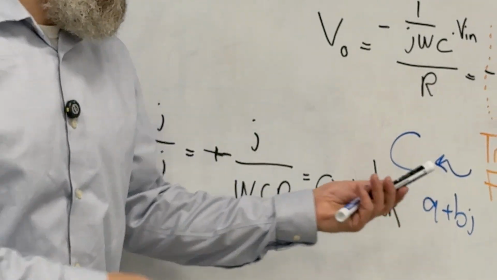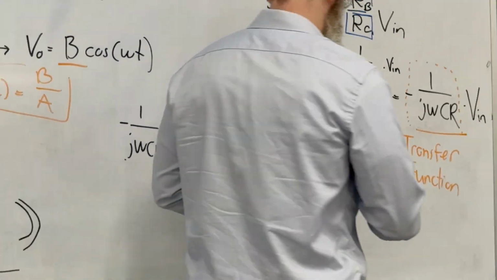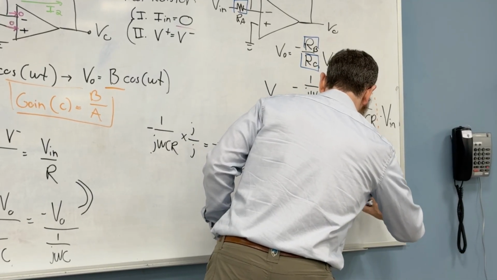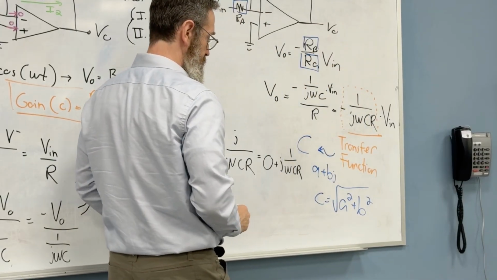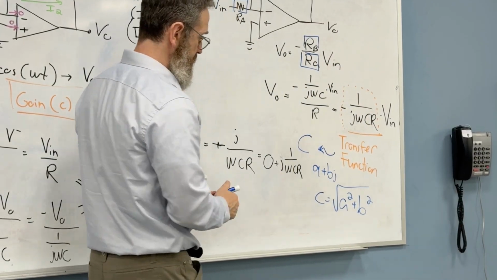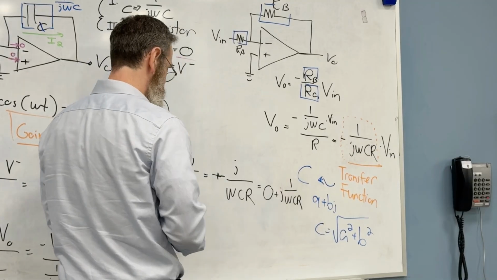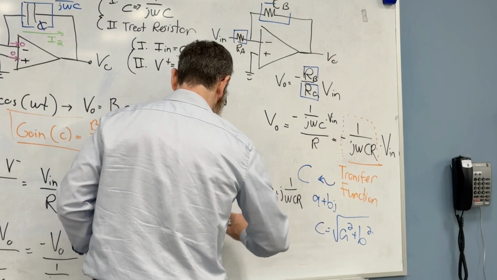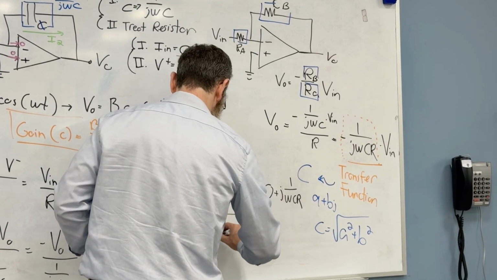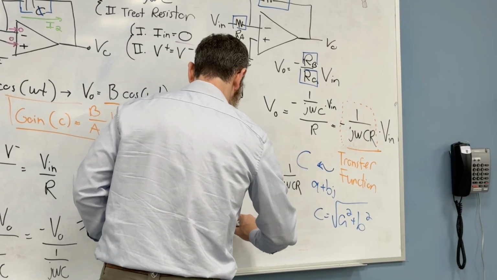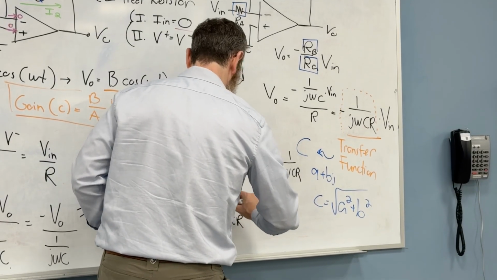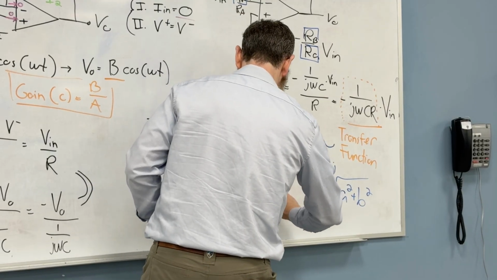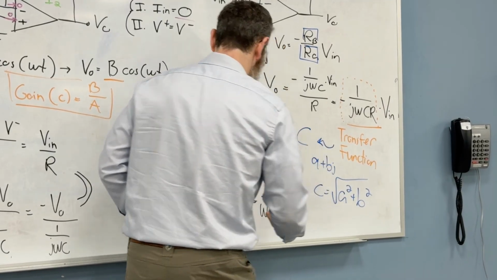And to convert this to get to C, we have to use this equation here, but we're just going to get the same thing back because C now is going to equal the square root of 0 squared plus 1 over WCR squared, but again, it's just going to come right back out, WCR, right?